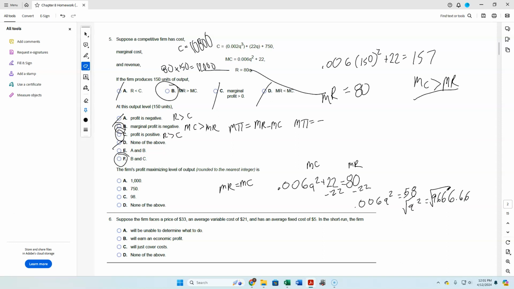Q is equal to 98.31, and it says just round to the nearest integer. So that would just be, oh, thank God, 98.